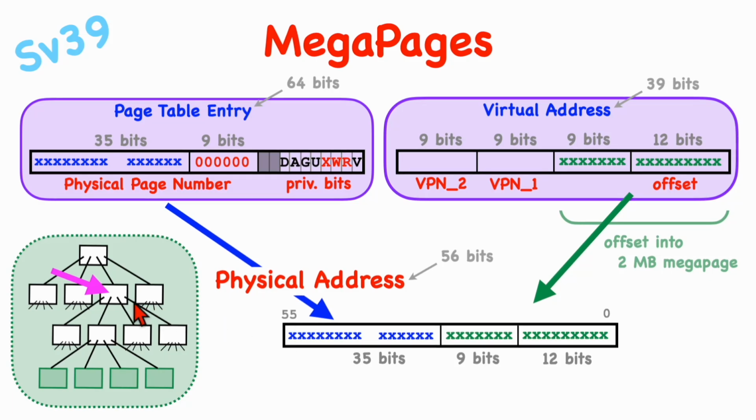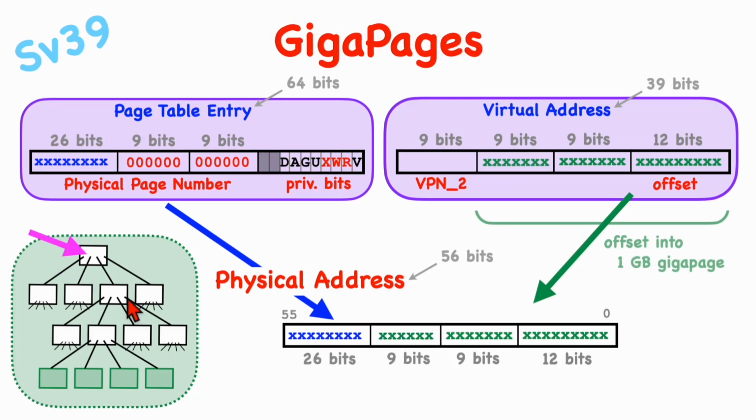But now, let's imagine what happens if the MMU hits a leaf page table entry in the root node here. Now we have a so-called Giga Page. So the MMU has only consumed one of the 9-bit index fields, virtual page number part 2, which was used to index into the root node. And that leaves 9 plus 9 plus 12, which is 30 bits for the offset.